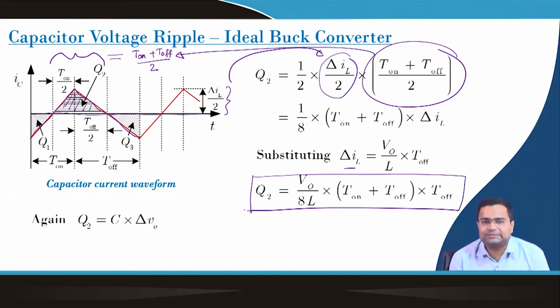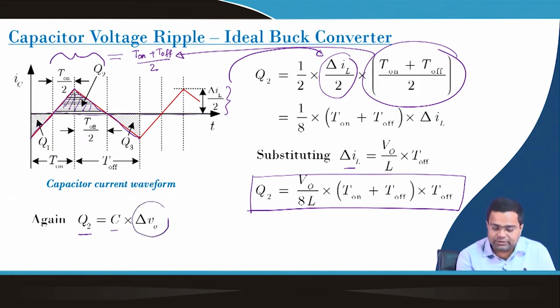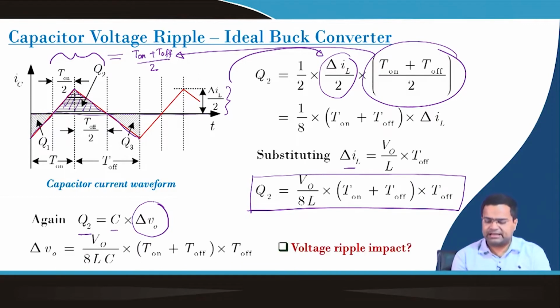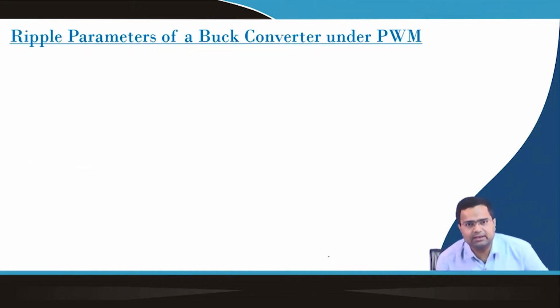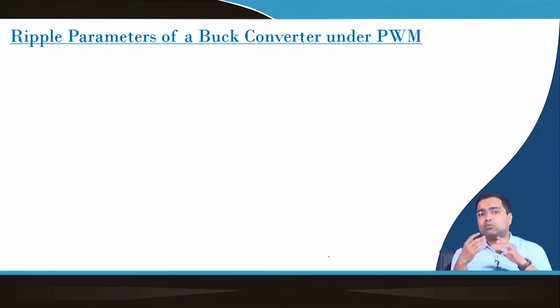Now, during this positive charge, the output voltage will rise. So, you can replace the capacitor positive charge with C into the positive voltage rise, that is, the ripple voltage. The ripple voltage can be expressed in terms of inductor, capacitor, output voltage, and on and off time. Now, we want to analyze the worst case current ripple and voltage ripple.